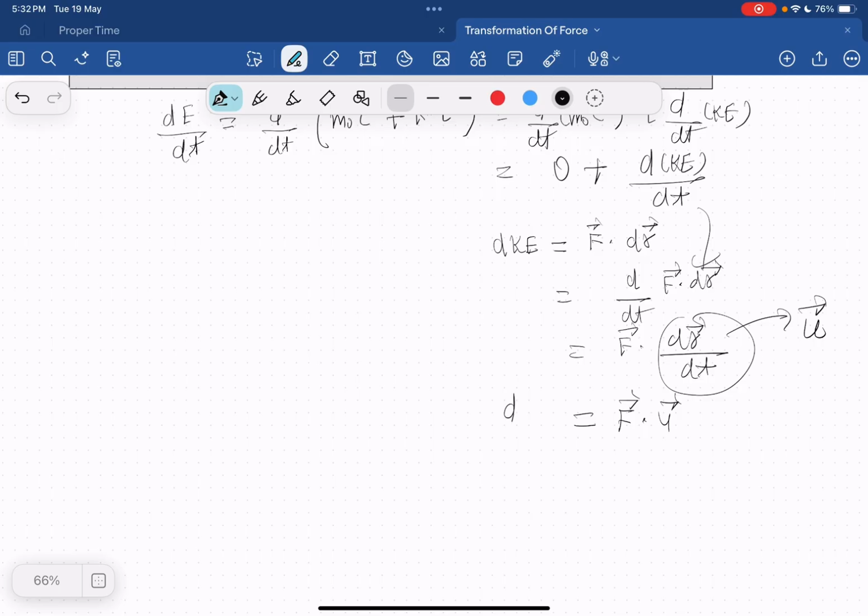So finally dE by dt comes out to be f dot u.